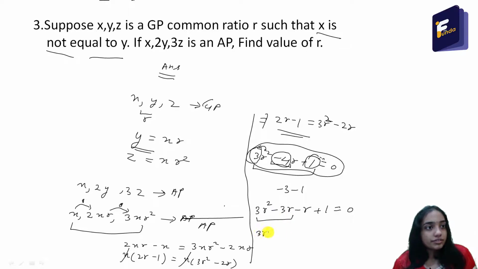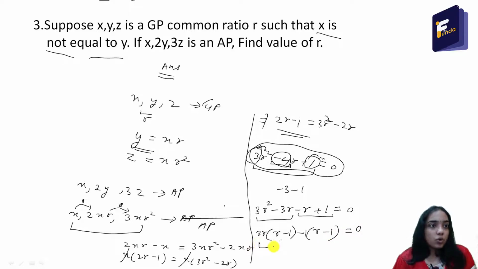If we take 3r common, it will be r minus 1, and from this whole thing we will take minus 1 common. So it will be minus 1 into r minus 1, equal to 0.